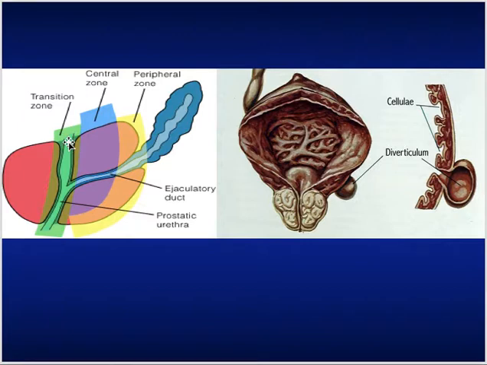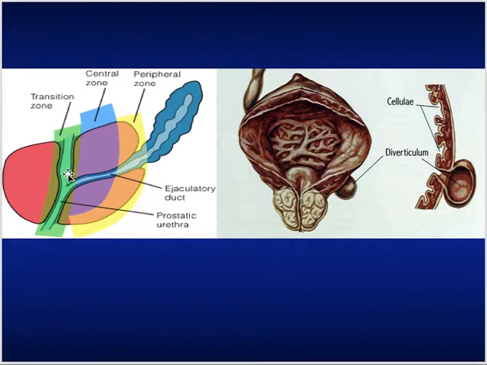The peripheral zone is mainly posterior, and this is the zone where most of the carcinomas arise. Then there is a central zone, which is behind the urethral meatus. If you see over here, the ejaculatory duct passes through both these zones and goes into the urethra.